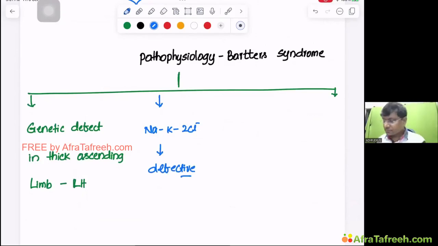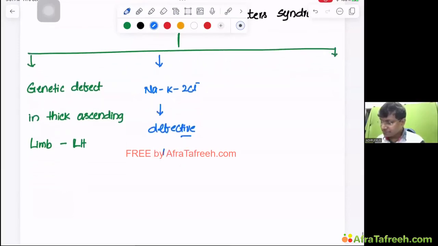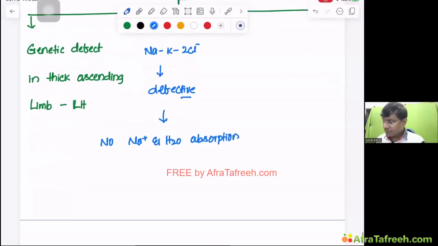So once this particular channel is defective, what is the sequence of events? The sodium and water absorption does not occur. There is no sodium and water absorption, and even the chloride, there is impaired chloride absorption as well.